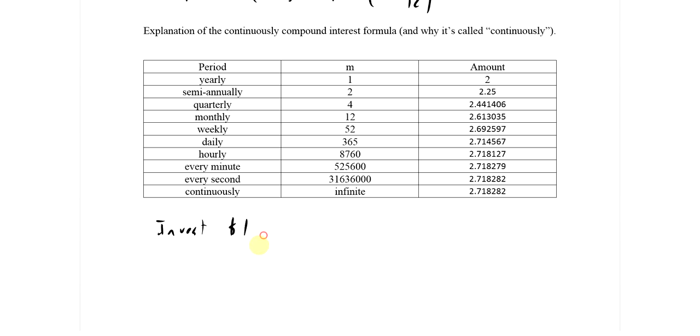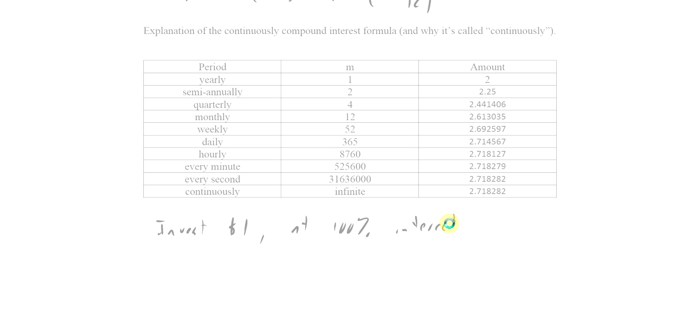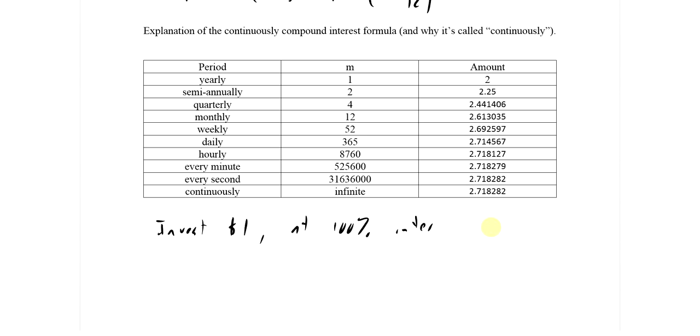Invest $1 at 100% interest, which is, of course, not possible, but it's a mathematical problem. We just want to see why it's called continuous compounding. At 100% interest for 1 year.